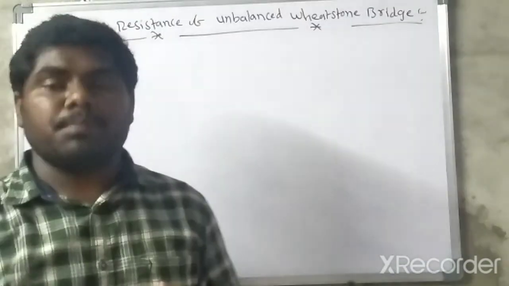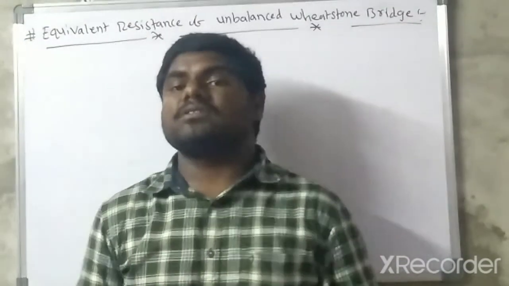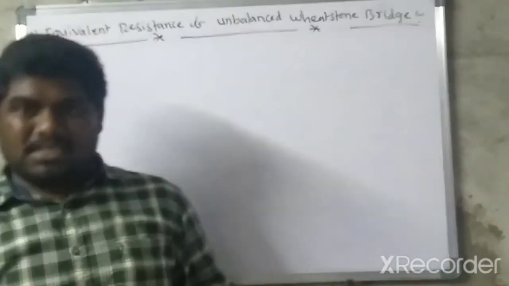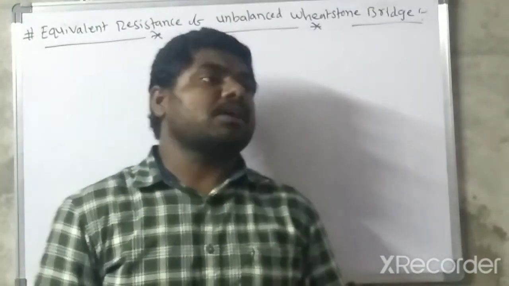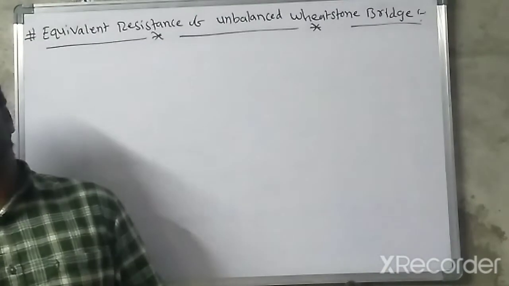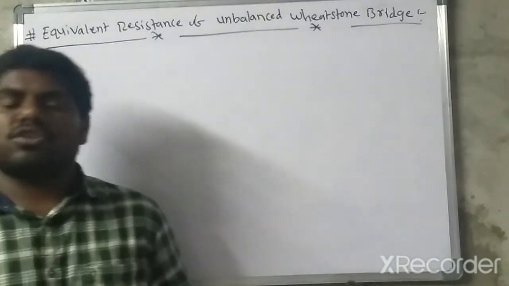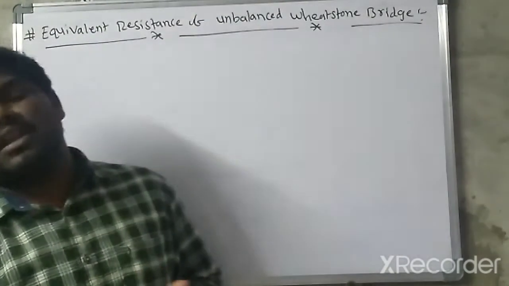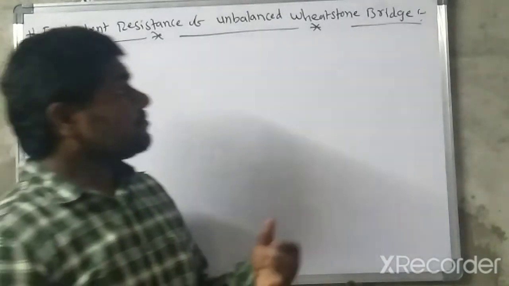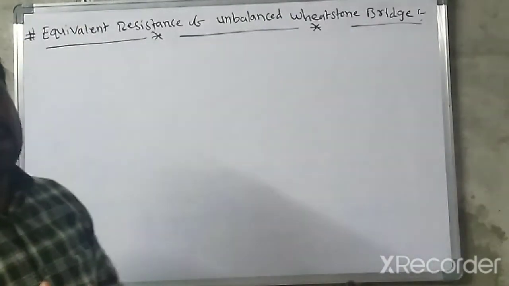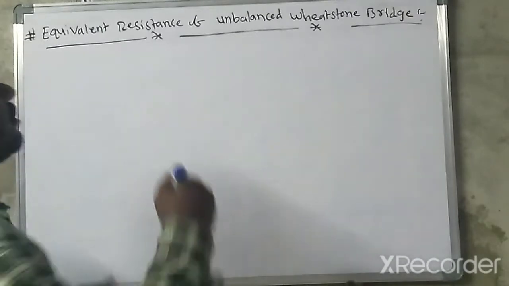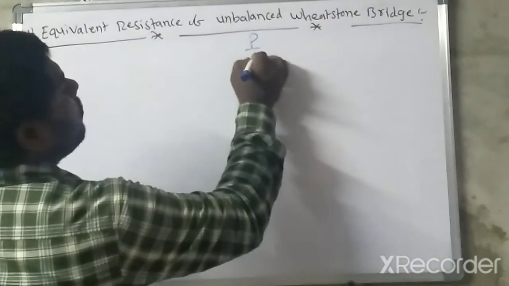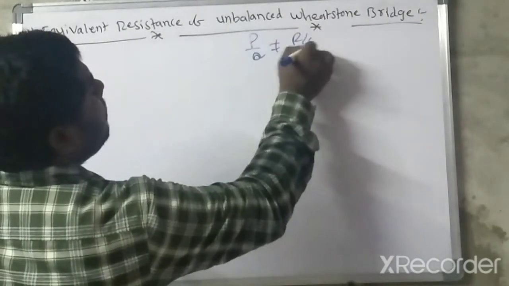Balanced is nothing but P by Q equal to R by S. That's why we remove the middle resistance, because the potential across the middle resistance is the same. But here, in the unbalanced case, P by Q is not equal to R by S.